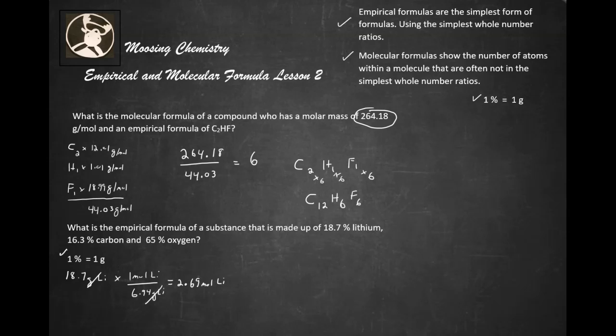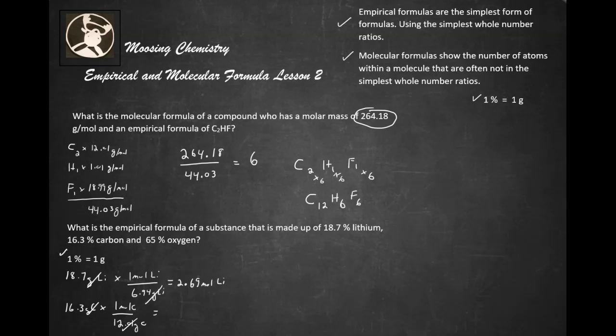All right, let's look at the carbon. So we go 16.3 grams of carbon times 1 mole of carbon divided by 12.01 grams of carbon.